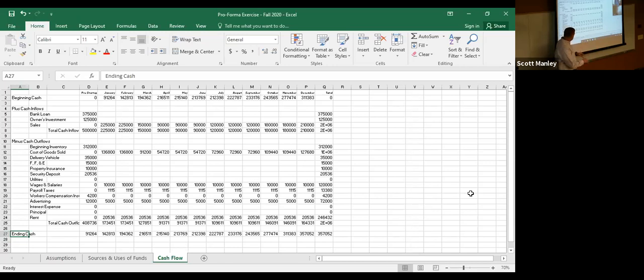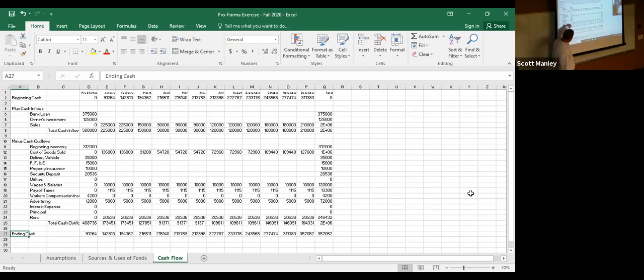So if you'll look at the tab that's sources and uses of funds, at the very least, all of the stuff that's on your sources and uses of funds, as far as the use of funds, all of those things need to be in there as a cash outflow pre-startup, right?